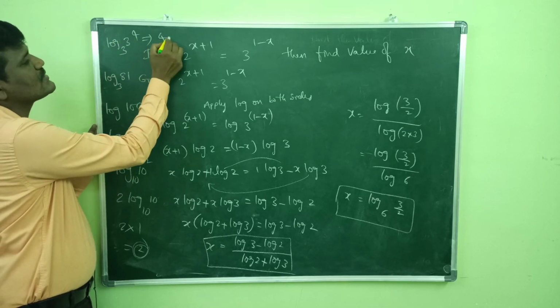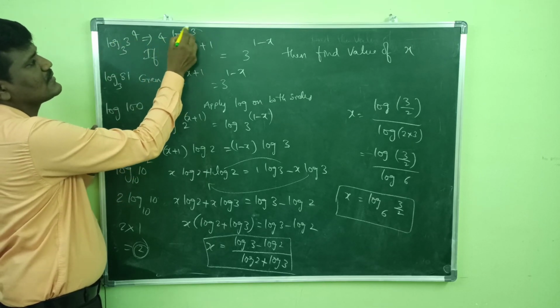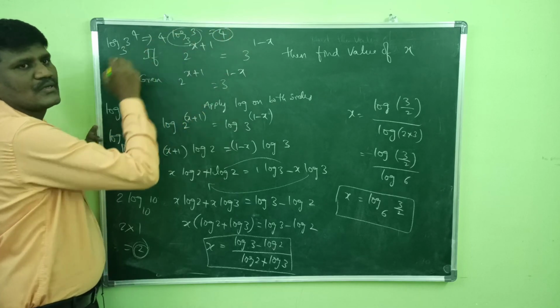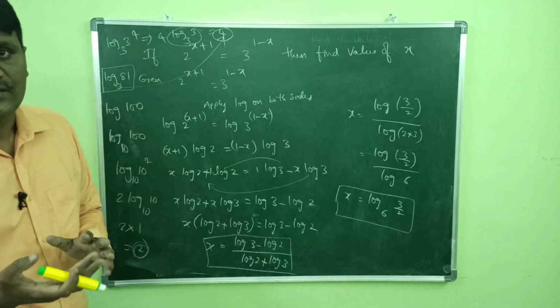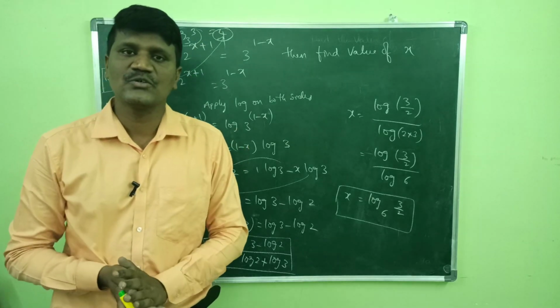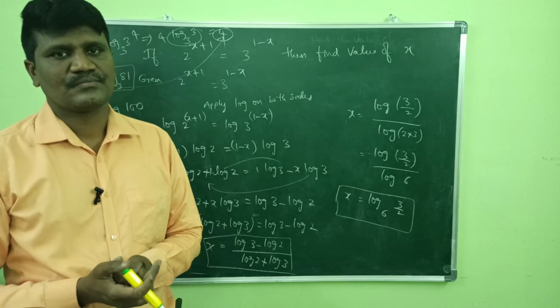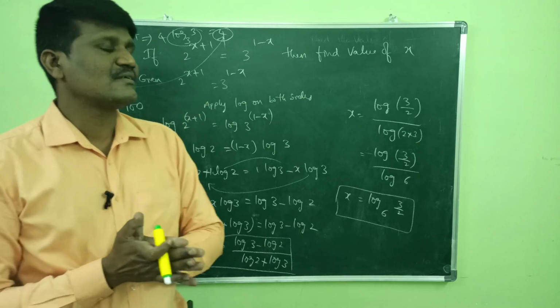I can send 4 to this side. Log 3 to the base 3, this value is 1. So the value I am getting is 4, which is a rational. So log 81 to the base 3 is also a rational number. Okay, so this is about logarithms.